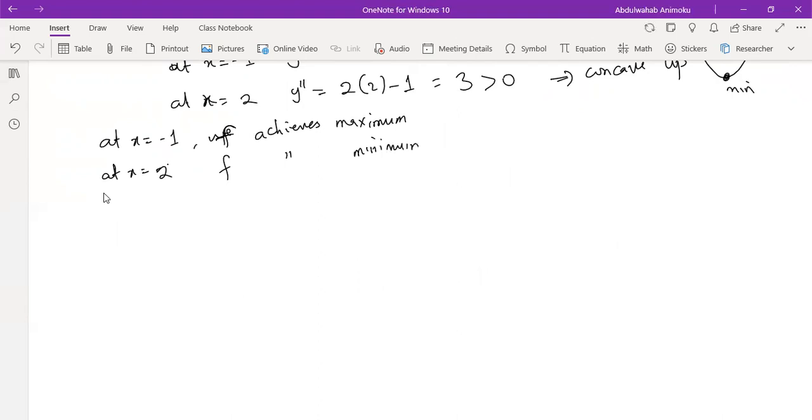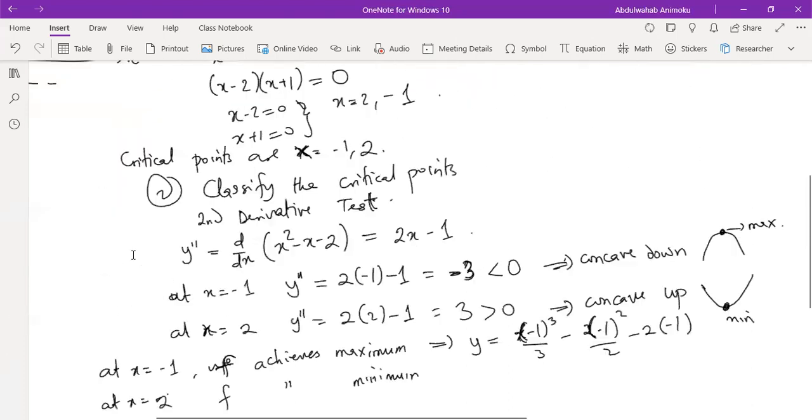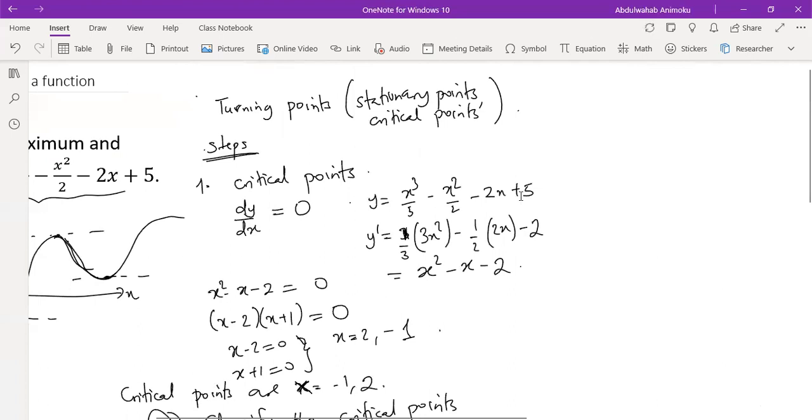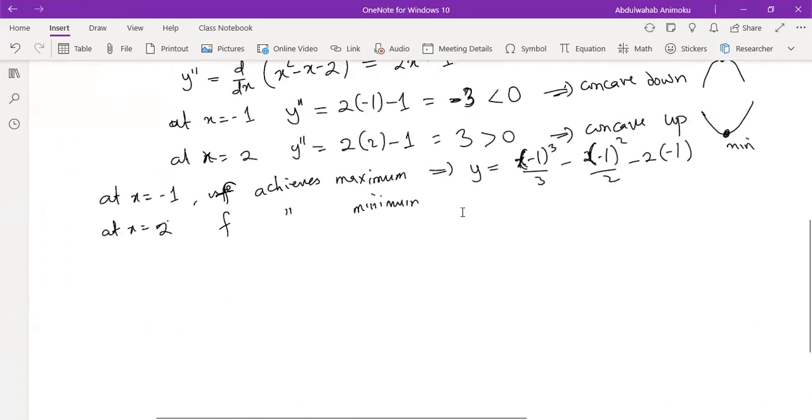And we could find those values. So what is the function at x equal to minus 1? Remember the function is x cubed over 3, minus 2, minus 1 squared over 2, minus 2 times minus 1, plus 5.